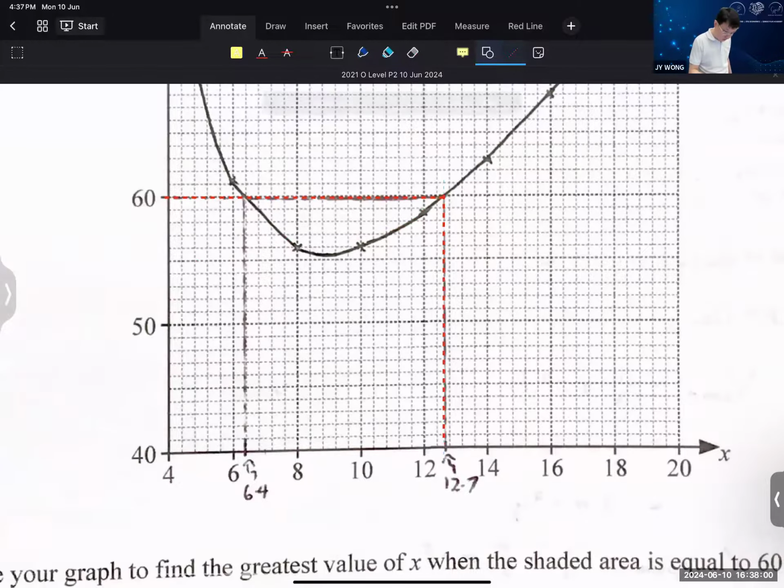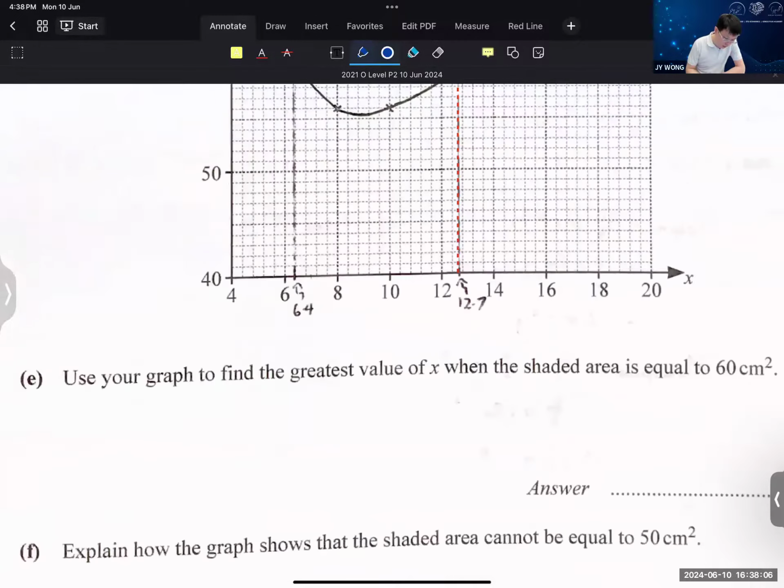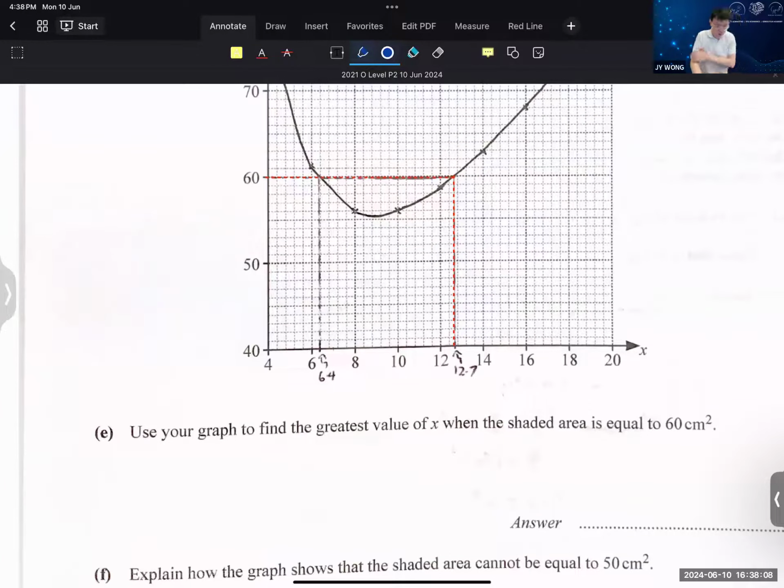Okay, that is how you find the x value, or the greatest value of x when the shaded area is 60. You will notice that there are two values of x. You have x equal to 6.4, and you also have x equals to 12.7 when the area is 60. But the keyword in the question is greatest.